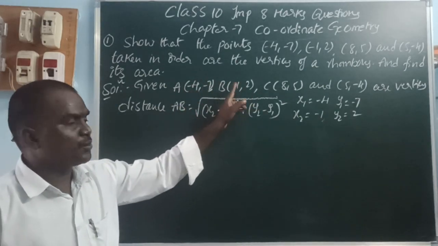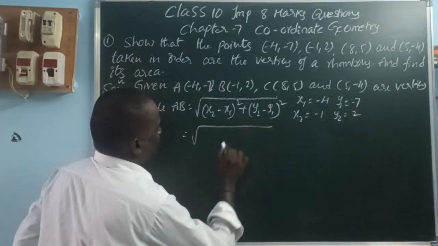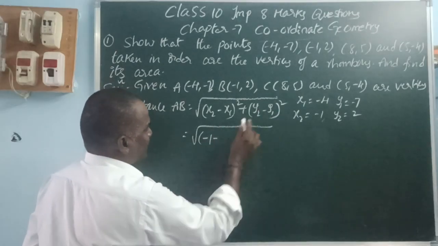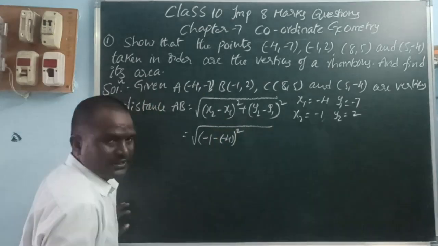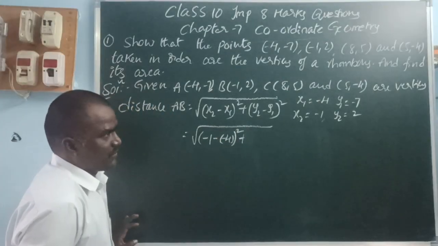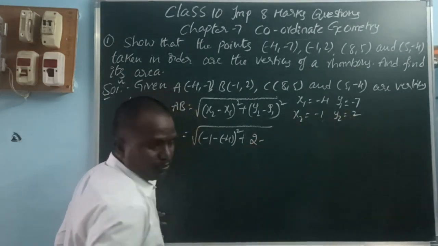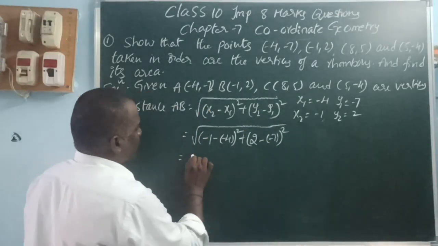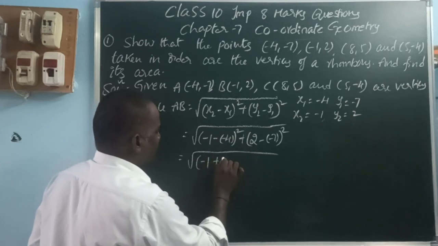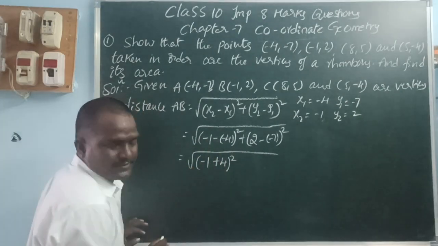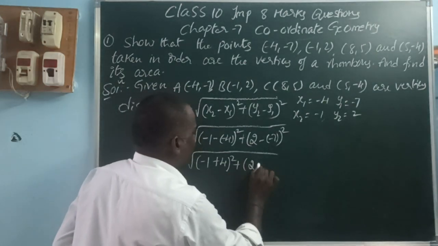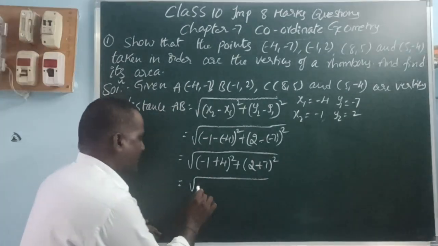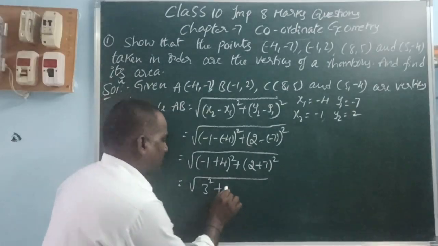So, square root of (-1 minus (-4)) whole square plus (2 minus (-7)) whole square, that is (-1 + 4) whole square plus (2 + 7) whole square. -1 plus 4 is 3 square, 2 plus 7 is 9 square.